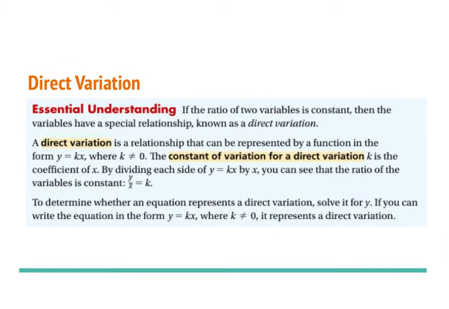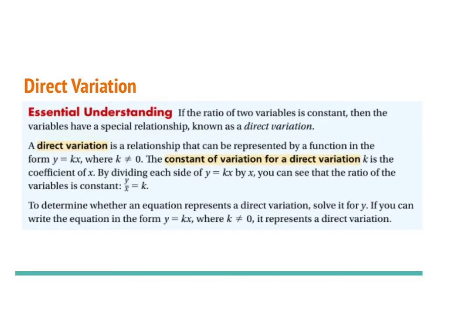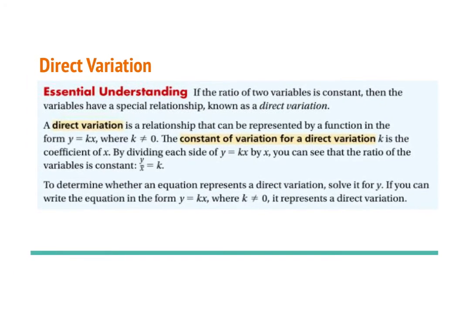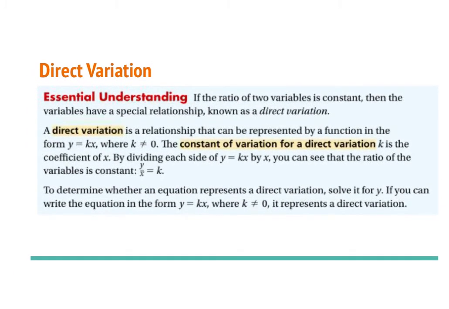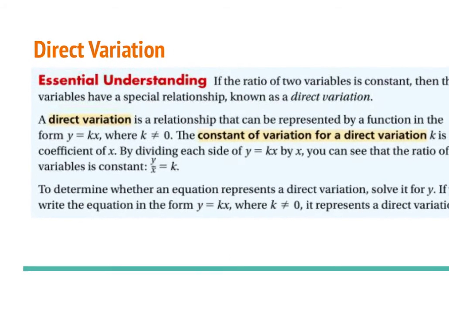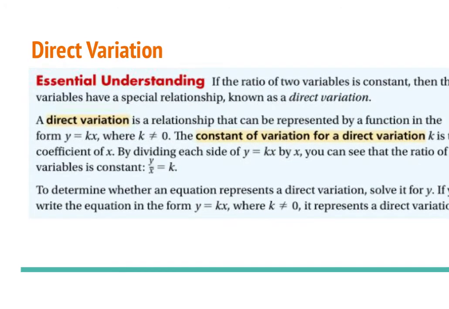Direct variation. If the ratio of two variables is a constant, then the variables have a special relationship, which is direct variation. A direct variation is a relationship that can be represented by a function in the form y equals kx, where k is not equal to 0. You see how k is now our m.